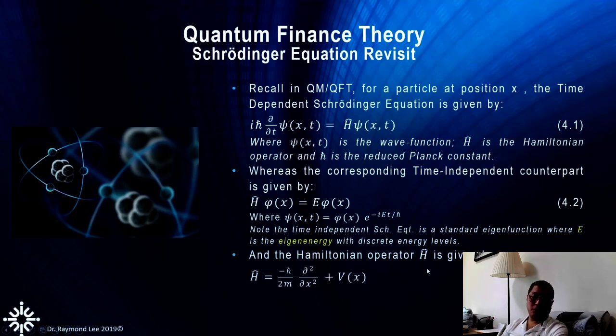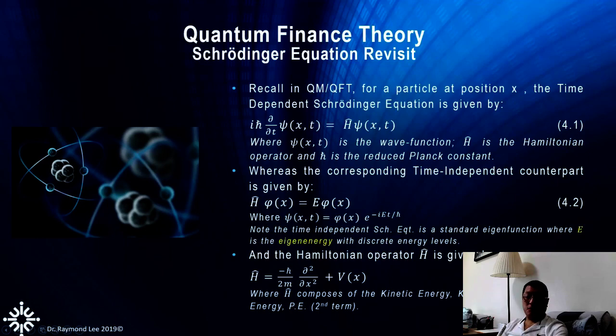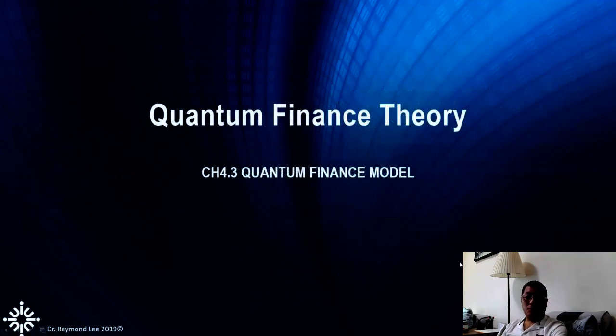Of course, the Hamiltonian consists of two parts, as we have gone through again and again in the past two lectures: the Ke part and also the potential energy part, the Pe part. So first component, Ke, second component, Pe. So how do we make use of it together with the quantum finance model?